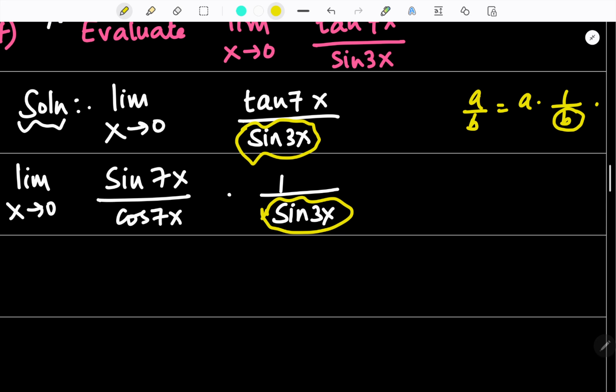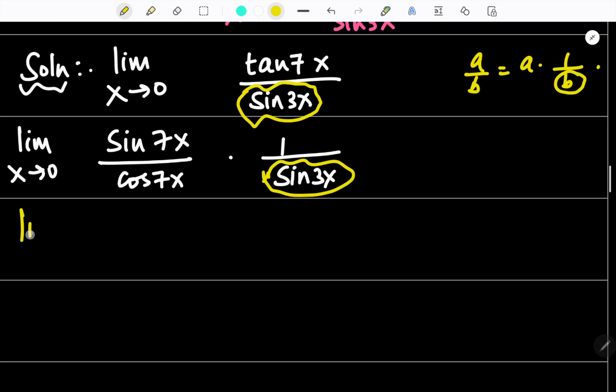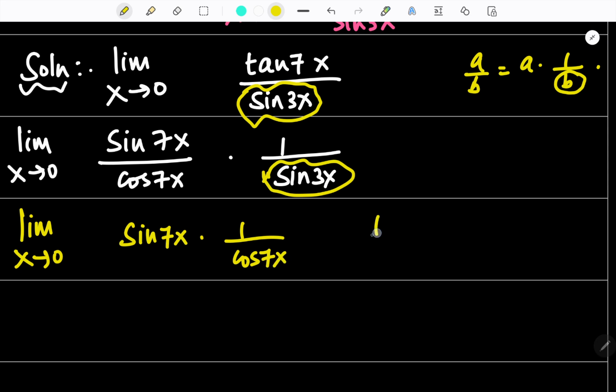Right. Now look here. For sin 7x, you need one more 7x. For sin 3x, we need one more 3x. So look here, what is the adjustment? I'm going to do it. So let me write sin 7x and then multiply 1 by cosine 7x and 1 by sin 3x, right? This also I'm writing in this idea, a by b. So what I'm adjusting now, I want 7x here.